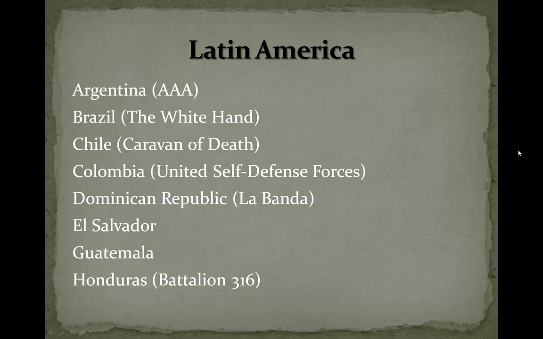We see them in Argentina, Brazil, Chile, Colombia, Dominican Republic, El Salvador, Guatemala, and Honduras. And the names there in parentheses are the known groups. In El Salvador and Guatemala, it was much less organized. But probably the most well-known of all of these death squads was in Argentina, the Argentine Anti-Communist Alliance, or the AAA.